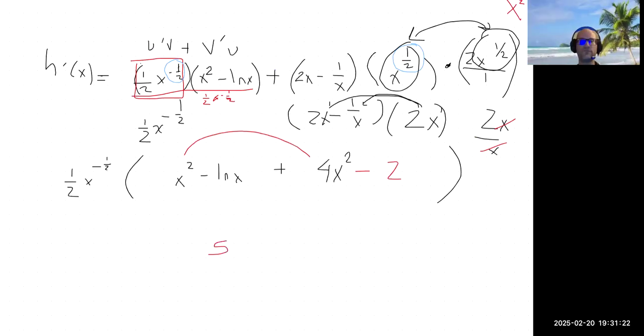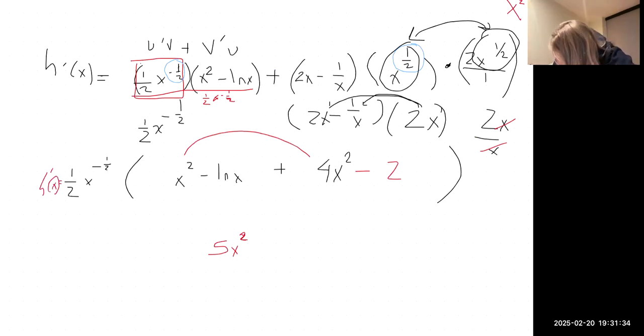So I still have h prime equals 1/2 x to the 1 - 1/2, and then parentheses 5x squared.